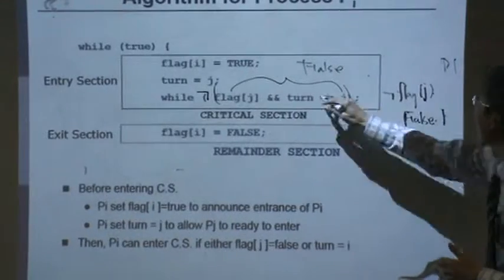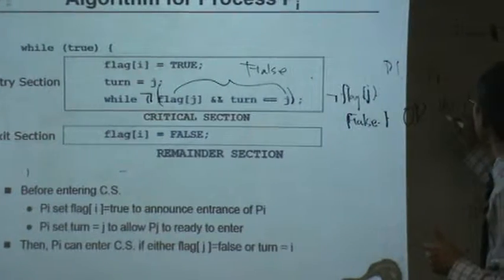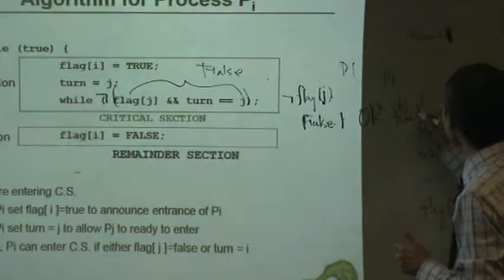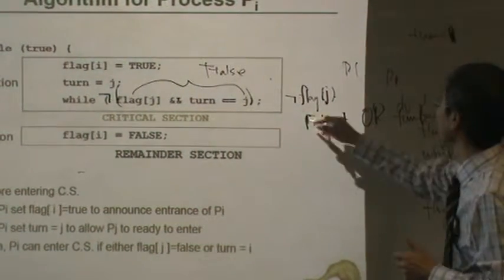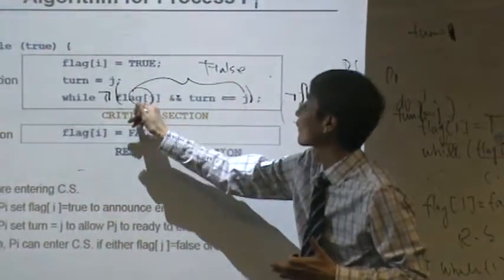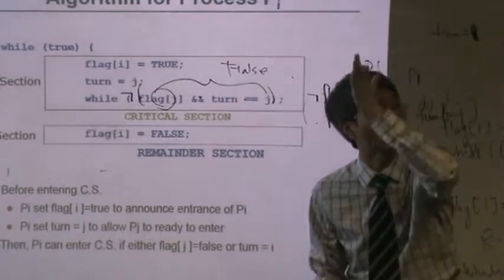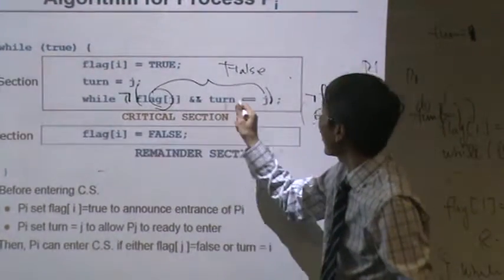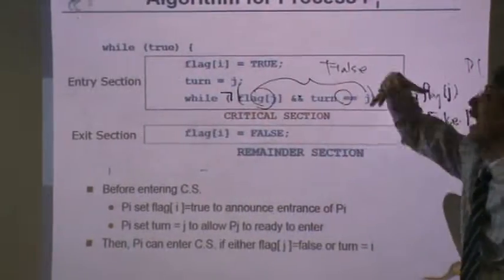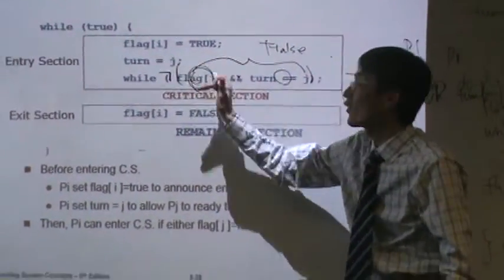Or, because it's not turn is not J. So two cases: turn or flag. So it's kind of a combination of algorithm 1 and 2. Either turn is not the other process, or the flag.